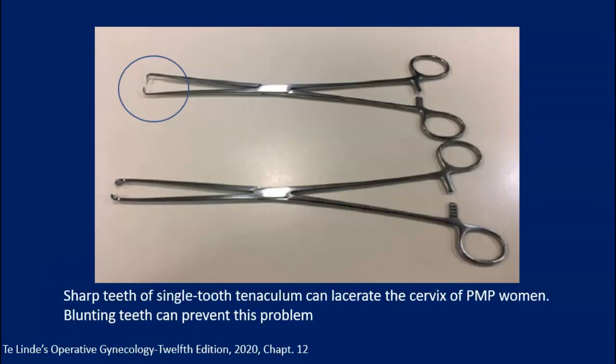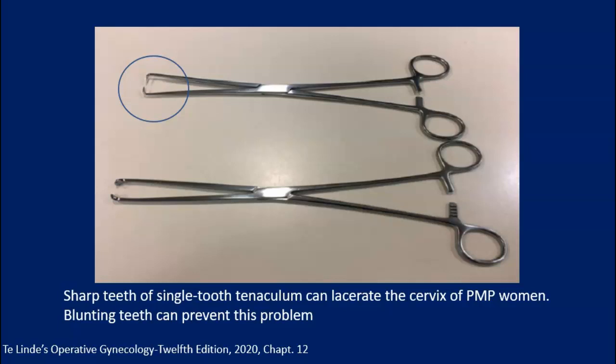This demonstrates two types of tenaculum. One of the most widely used is a single-tooth tenaculum, demonstrated at the top. The disadvantage of this particular tenaculum, particularly in pregnant women or women who are significantly postmenopausal, is that with traction, laceration of the cervix can occur.